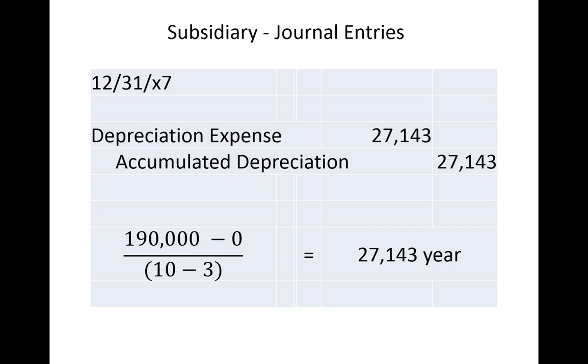What we're going to do, though, is since the 10 years is following to the sub, we're going to have to subtract off the years that have already been used on the equipment. In this case, year 4, year 5, and year 6. Even though it's on the parent side, we still have to subtract it off. So we're going to take 10 minus 3, or 7, divide that into 190. We get 27,143.